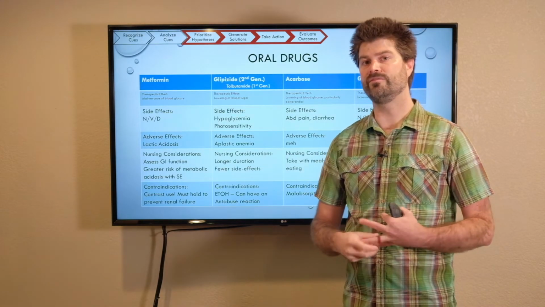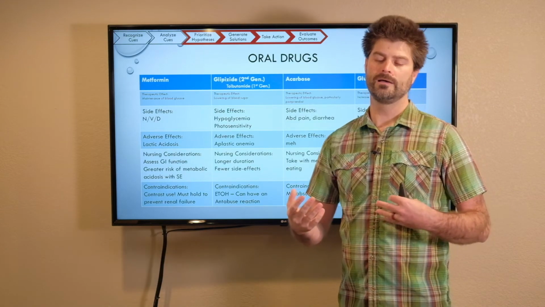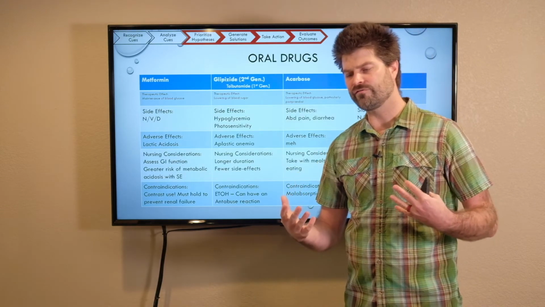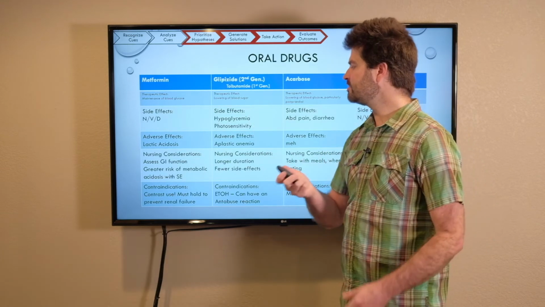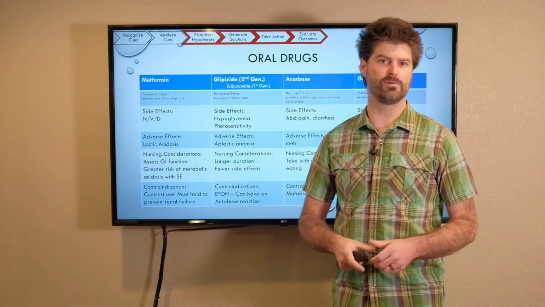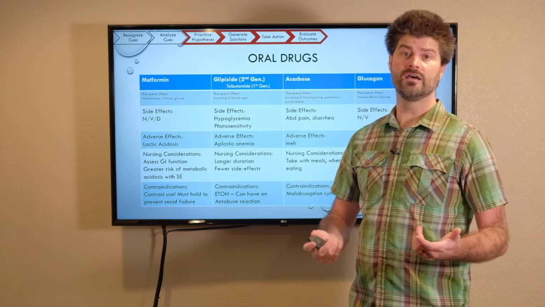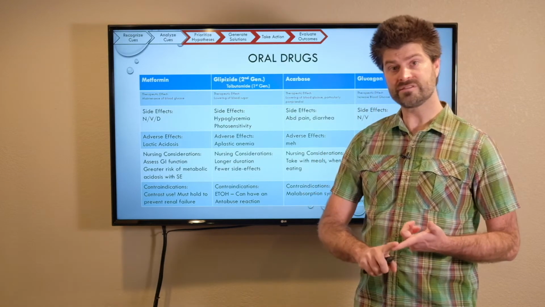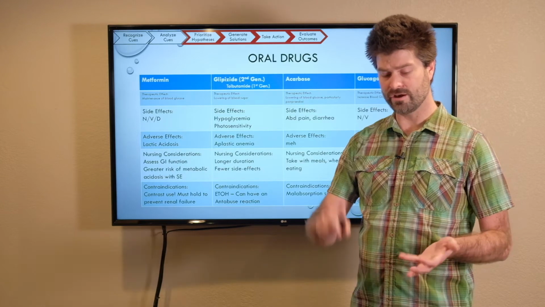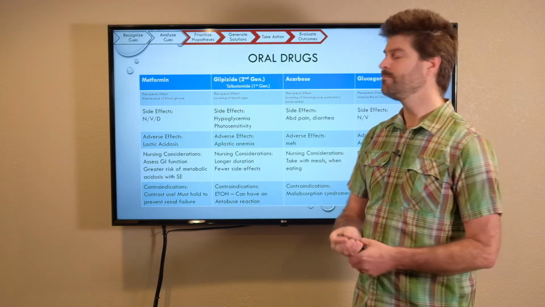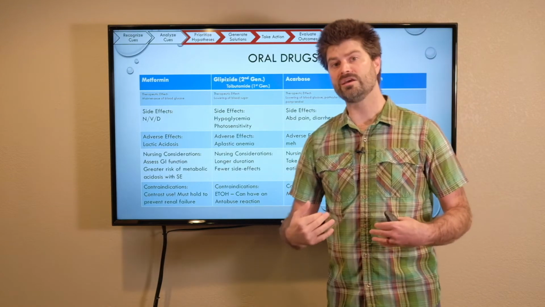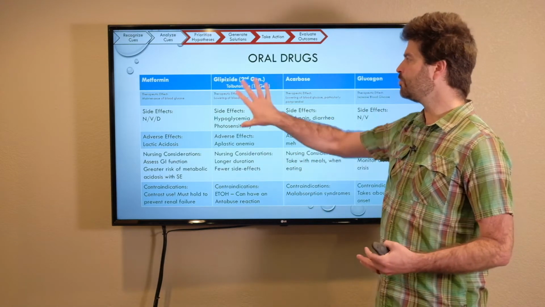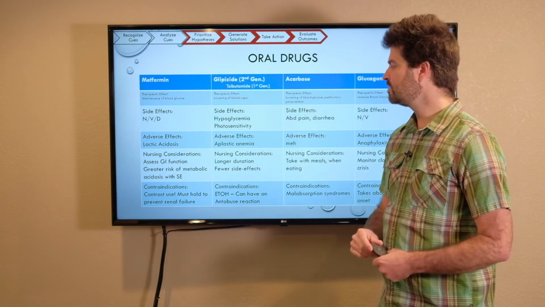As part of routine monitoring for safety of this medication, we're also going to be checking blood counts, so a CBC, and looking at things like their red blood cell counts, their white blood cell counts, platelet counts, making sure that they're not developing any of these anemias that can happen with this medication with long-term use.